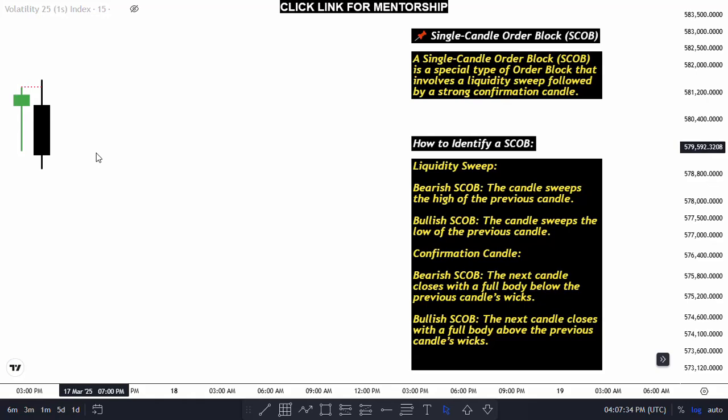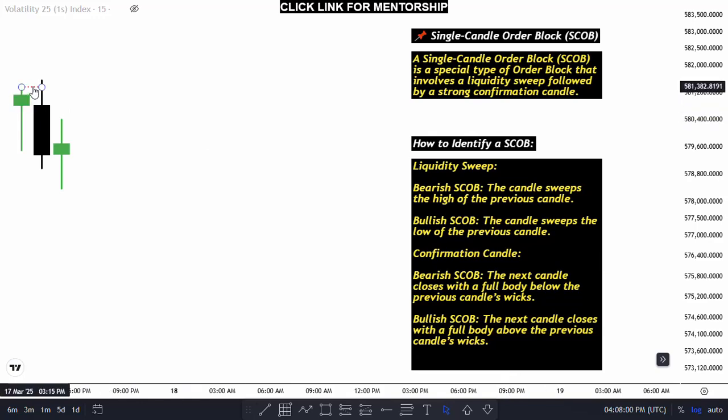this is in a bearish scenario. You have that high swept. This body did not close above that high. It just swept that high and then continued going to the downside. Here we say that in a bearish single candle order block, the candle sweeps the high of the previous candle.